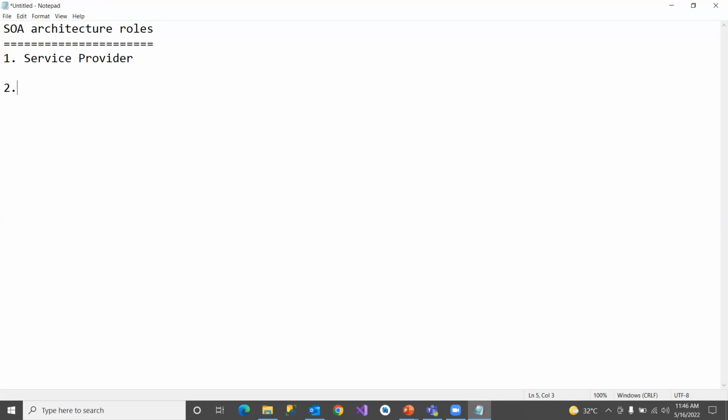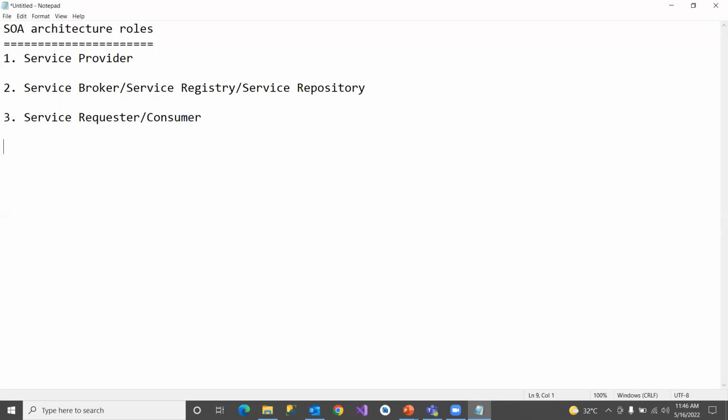The second one is a service broker, or you can say a service registry or service repository. And the third one is a service requester or consumer. So these are the three roles in SOA architecture.